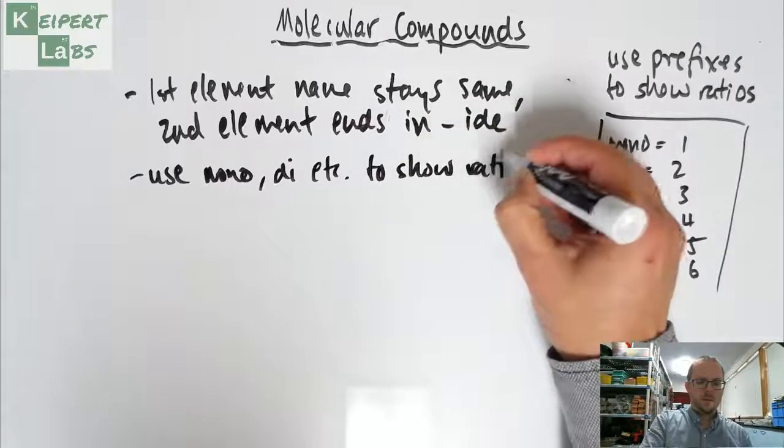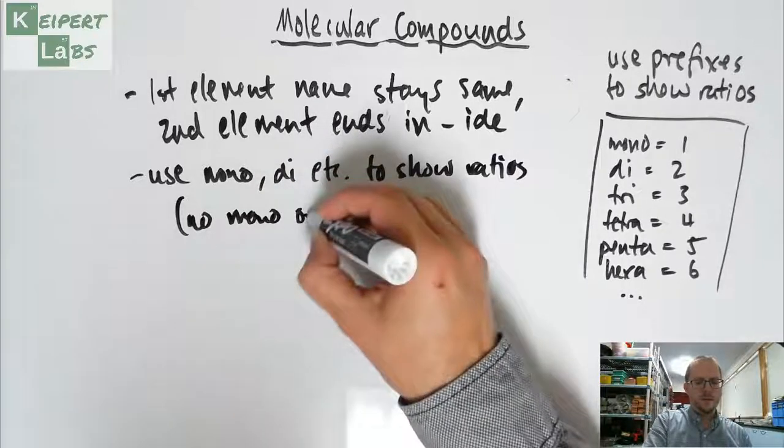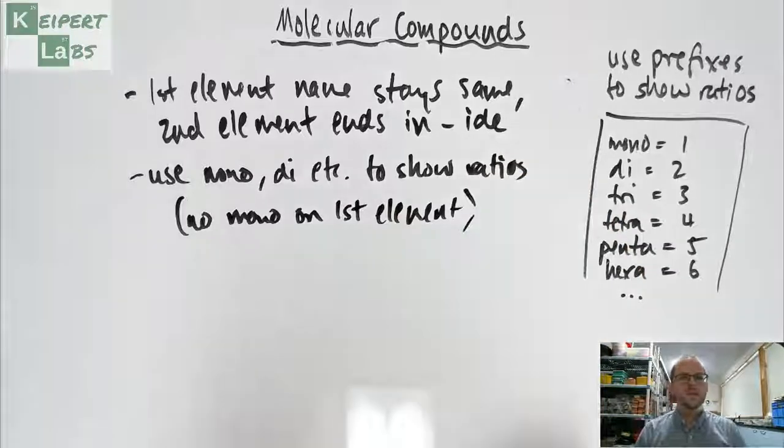The only exception is that there is no mono on the first element. So we don't make monocarbon dioxide, we just make carbon dioxide. If it's more than one, we would put di, tri, tetra, etc. So the first element stays the same, and the second element ends in IDE.